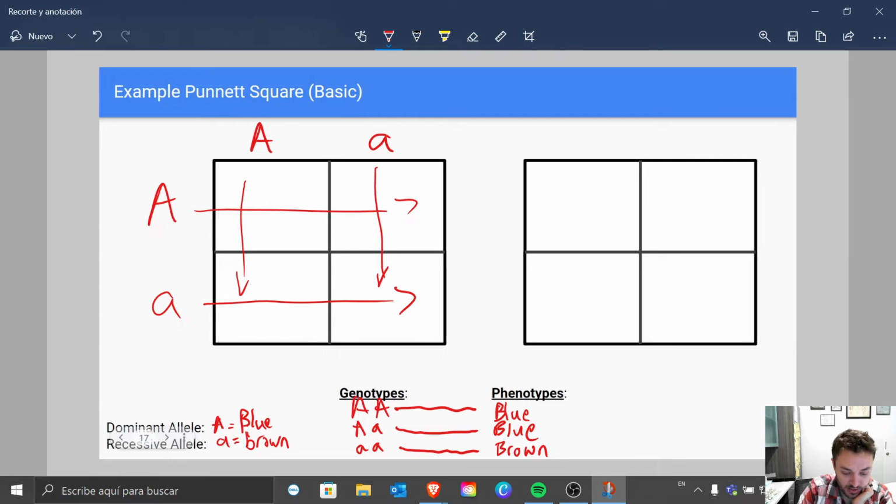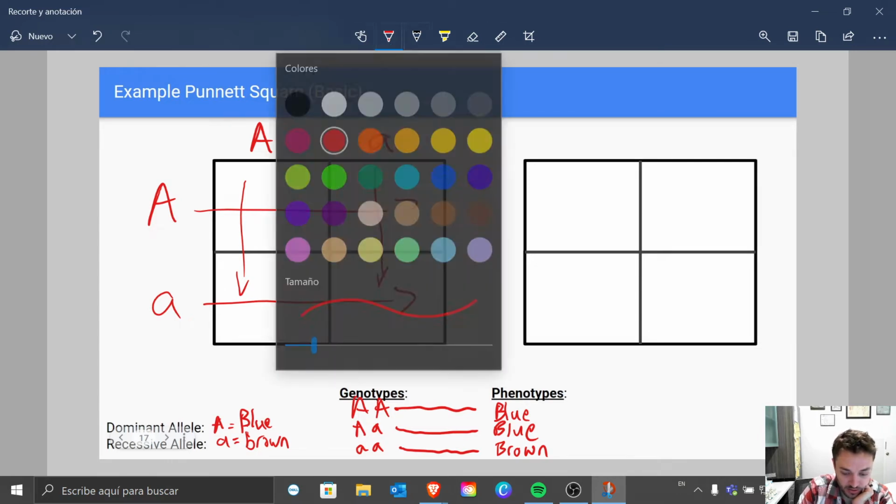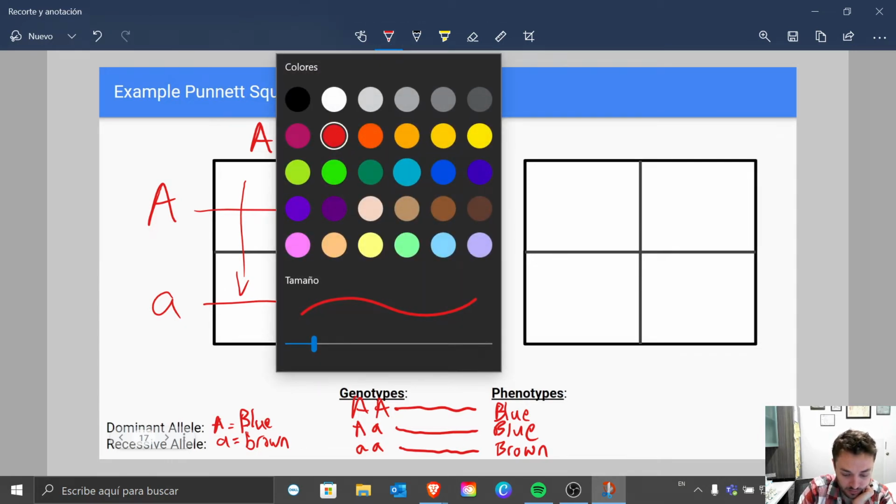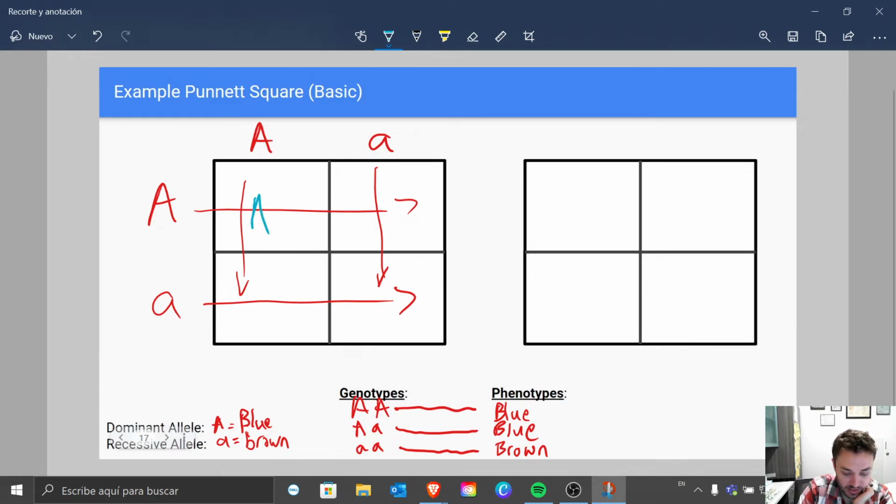So I would write it like, let's do a different color, let's do the blue. Big A, because I'm pulling this big A down, and then this little a I'll pull down. Then I'll pull this big A across, this big A across, little a, little a.